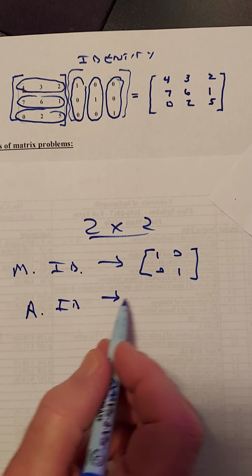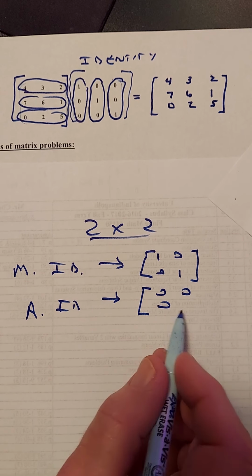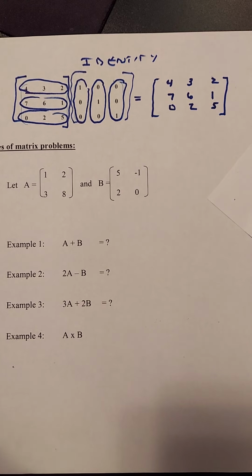The additive identity is always 0s everywhere. Now, I bring that concept up because that's something that we see quite often. A lot of times I will just say, well, it's the identity. And if I'm saying it in that sense, I'm talking about the multiplicative identity.